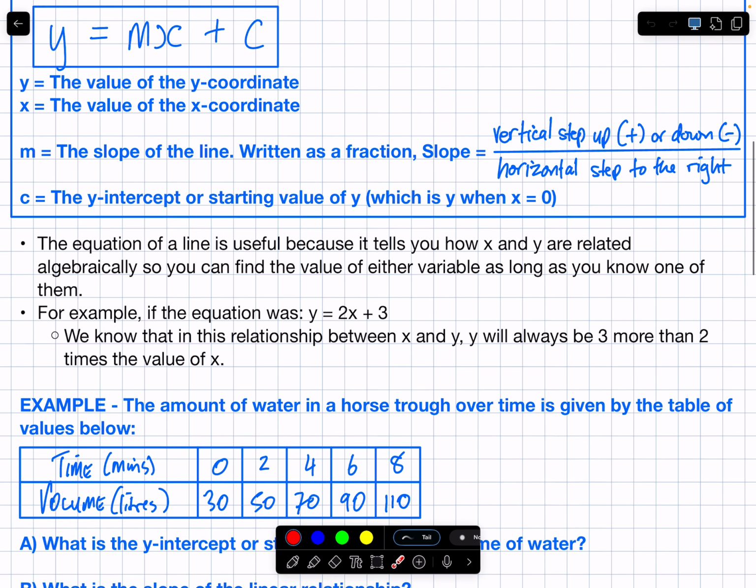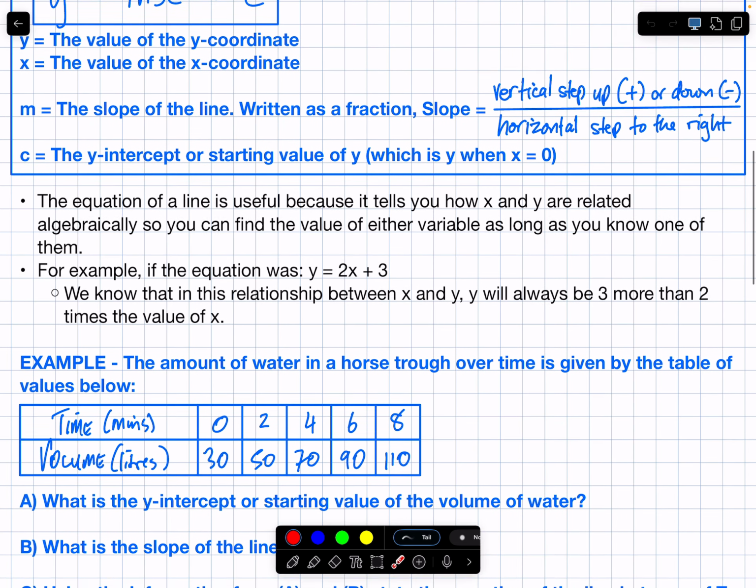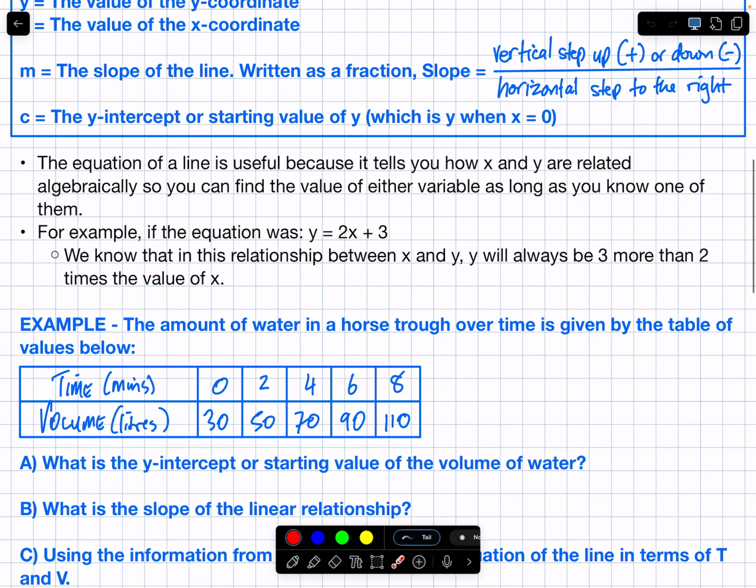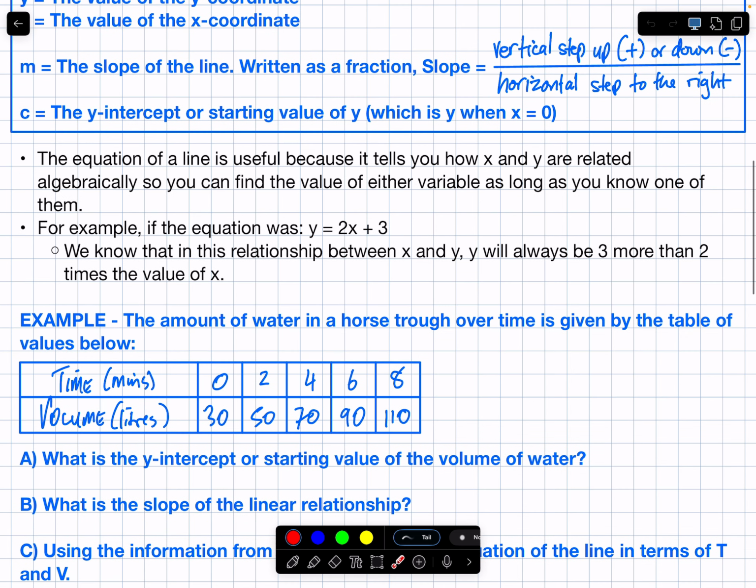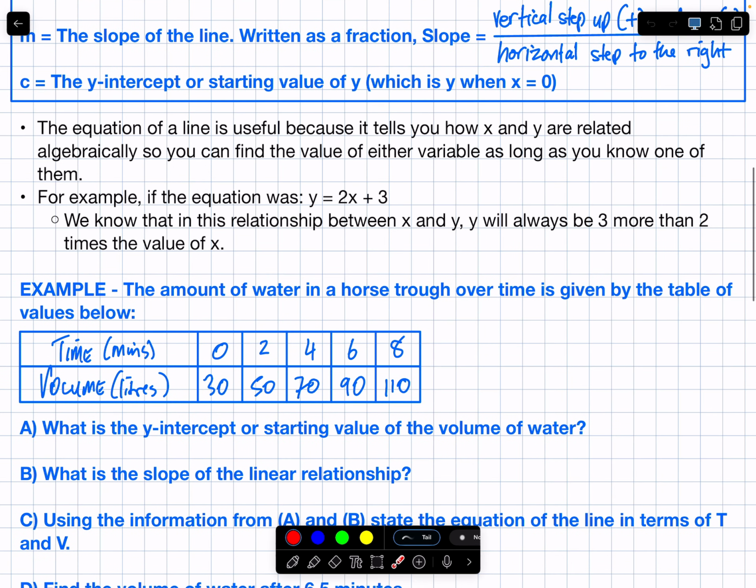So if we see this situation here, I know it's contrived, but that's a semi-realistic scenario. The amount of water in a horse trough over time is given by the table of values below. Starting at time 0, going up in 2s.